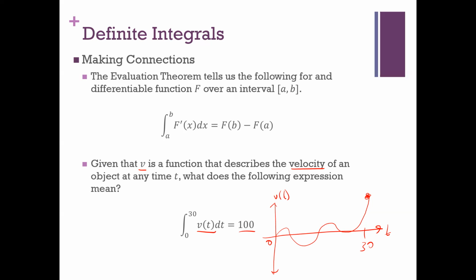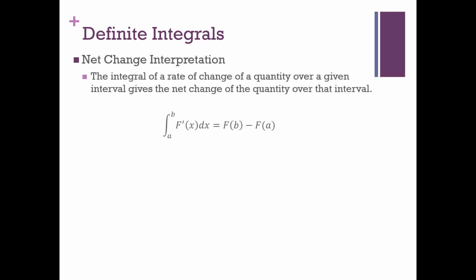All right, any questions before we move on? Okay. So basically that's the net change interpretation. If you know the exact rate of change of some quantity, you can integrate that rate of change to get what the actual change in that quantity is.